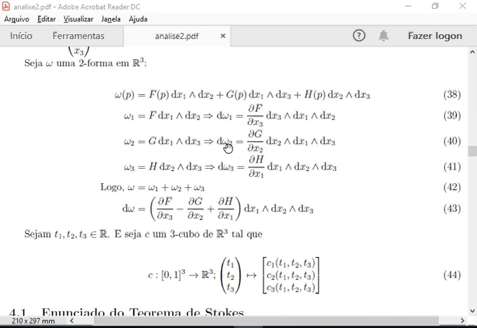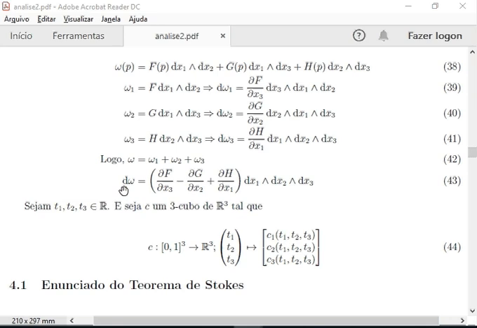Analogously, d omega 2 is dg dx2, and d omega 3 is dh dx1, and therefore omega is the sum of omega 1, omega 2, omega 3.